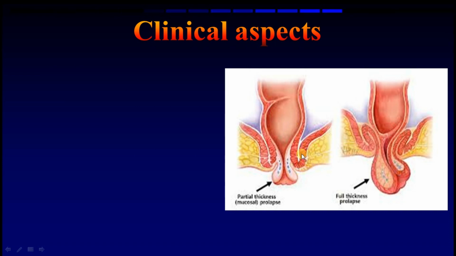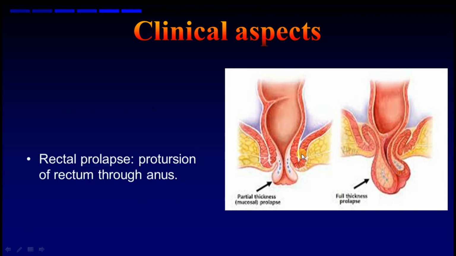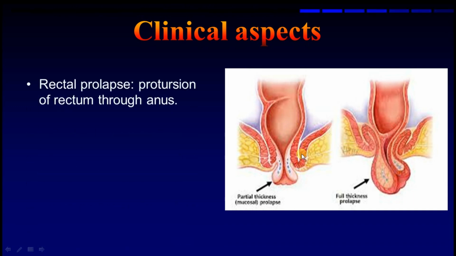So prolapse of the rectum might be due to a defective pelvic diaphragm, or the perineal body in the case of females. If it is damaged, mainly during a process called episiotomy, if it is not sutured properly after labor or parturition, it might lead to not only uterine prolapse but also rectal prolapse.